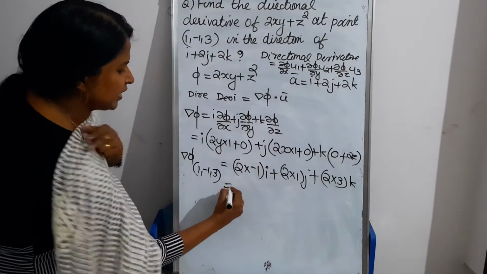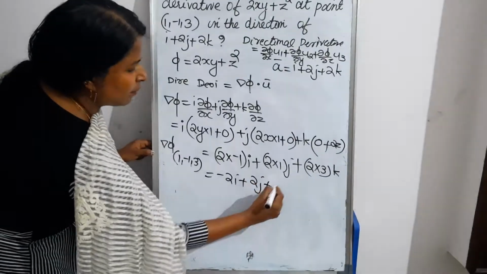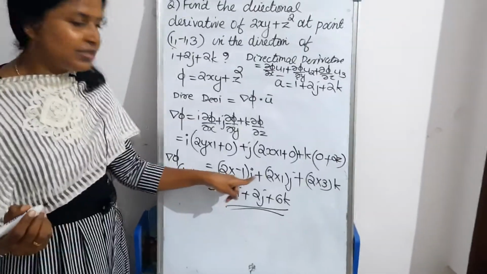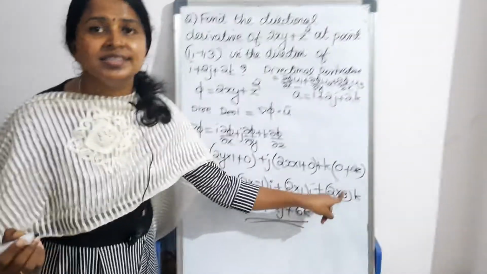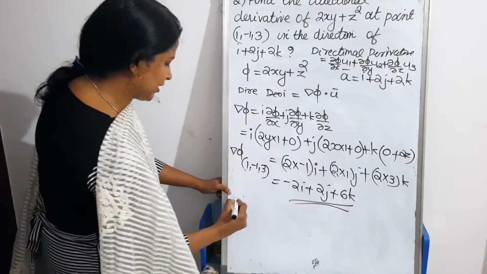That is, here, -2i plus 2j plus 6k. This is del phi.